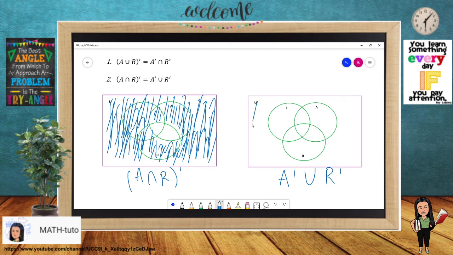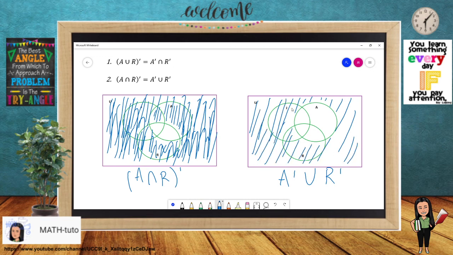A prime, we will shade everything except for A. Yan. Hindi itong R, shaded din yan. Okay. And then, let's use a different color. Orange again. R prime. Lahat naman, shade natin.